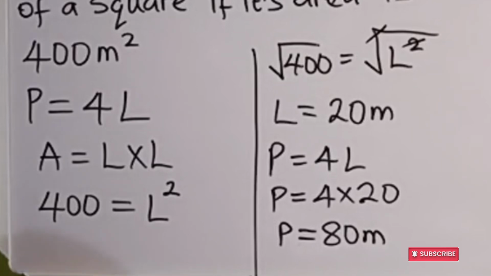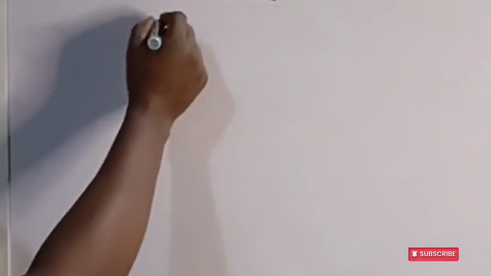So in both situations, we have seen where we are given one value, either the area, and then we are expected to find the perimeter, or we are given the perimeter and we are expected to find the area. So try out this question.